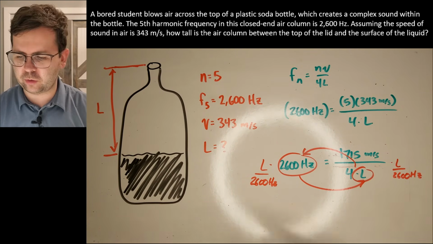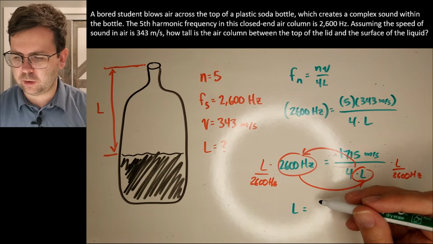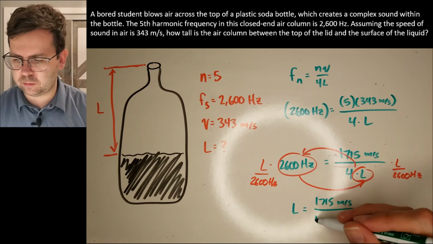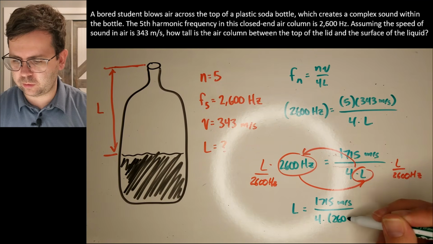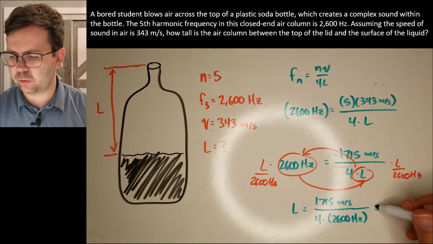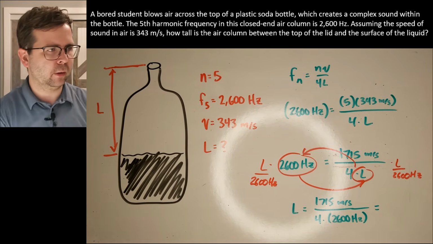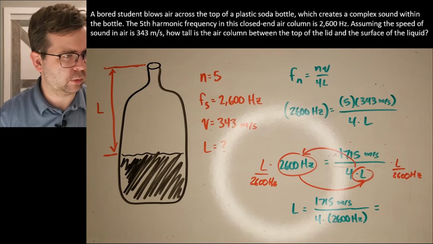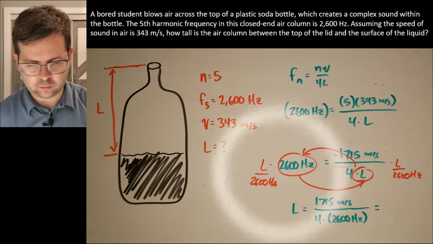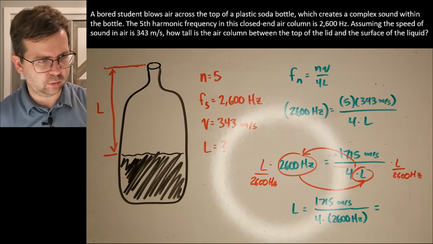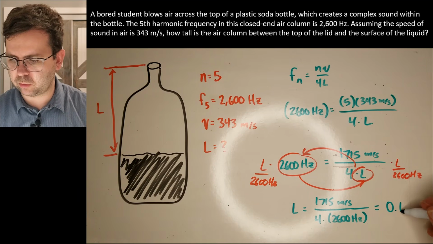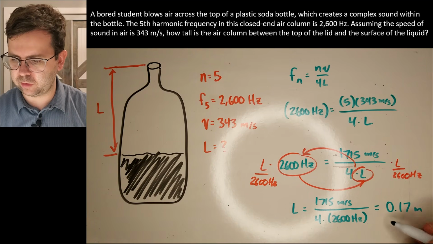So rewriting this to make it a little bit more clear, we have 1715 meters per second divided by 4 times 2600 hertz. This is going to be the length of our air column here. And doing this math will give us 0.165 meters. So about 16 centimeters, or 17 centimeters rounded to two significant figures.